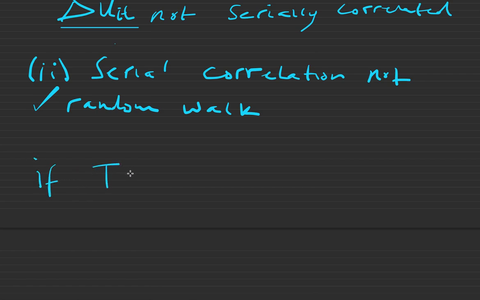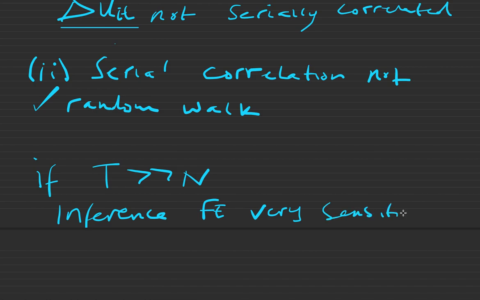If we have that t is much larger than n, then inference with fixed effects is very sensitive to violations of the classical fixed effects assumptions, assumptions 1 through 7 that we have previously discussed.